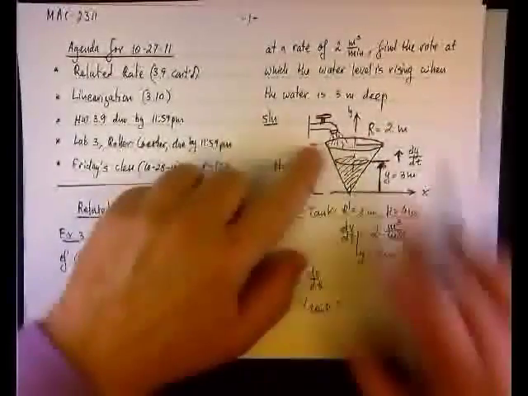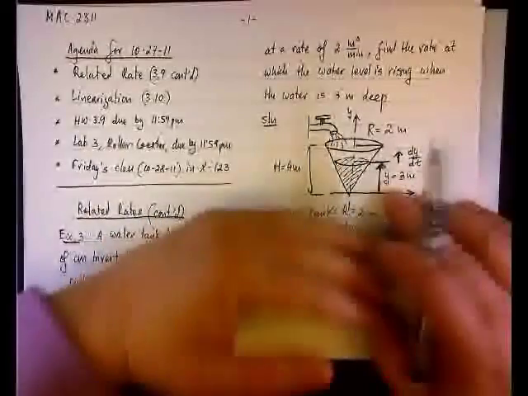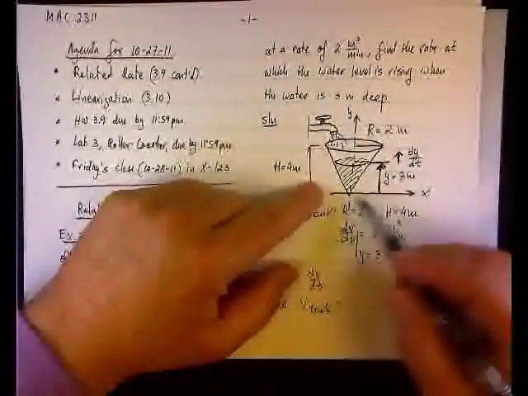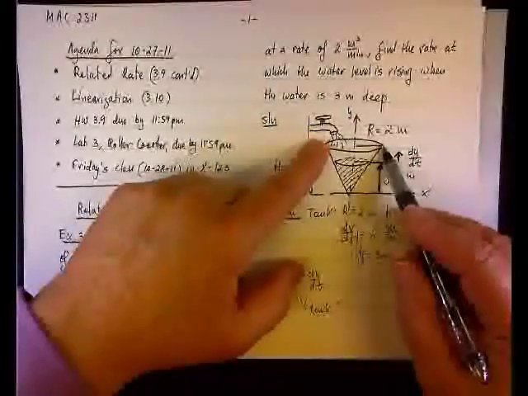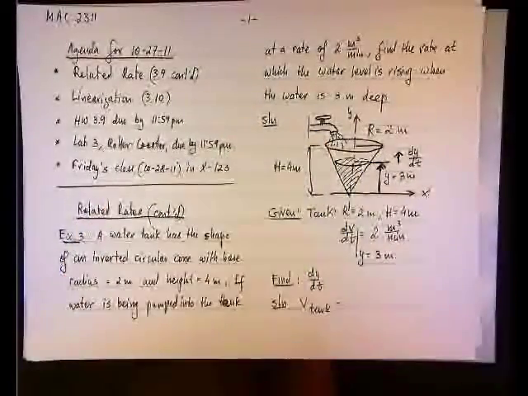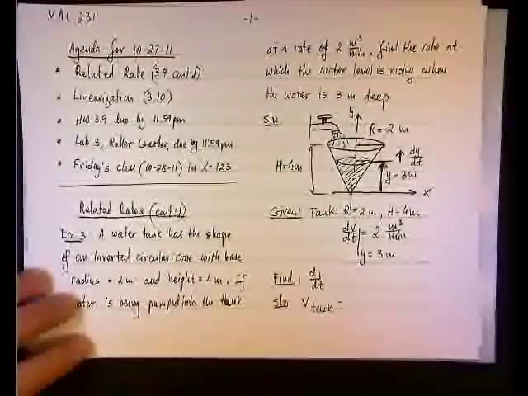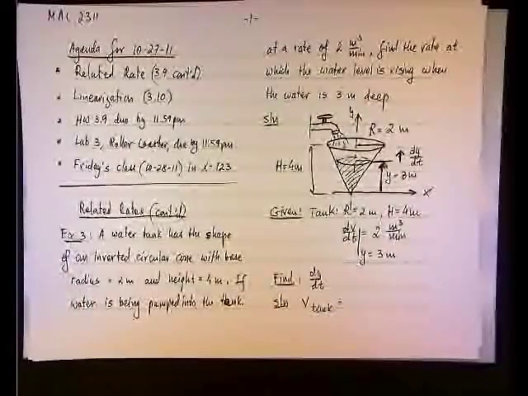If you consider this to be a cylinder, in other words, at the bottom instead of the vertex, we have another circle equal in size to the circle on top, then the volume will be the base multiplied by the height. Since we have a cone, then that will be 1/3 of it. It's the same with a pyramid, as I mentioned earlier.